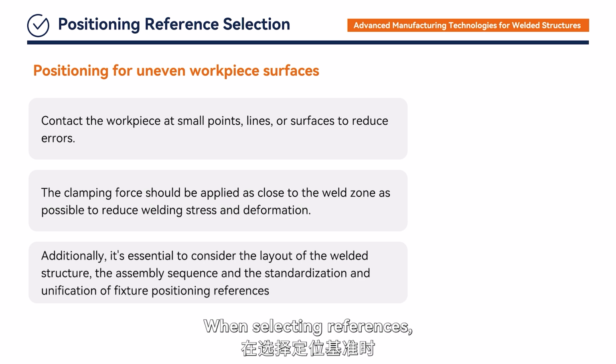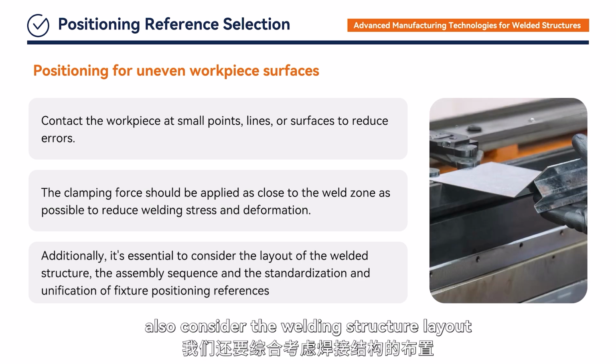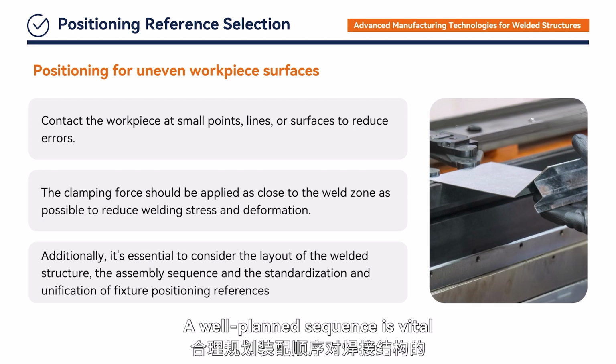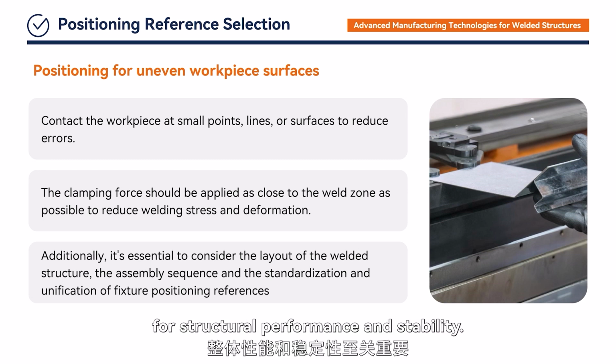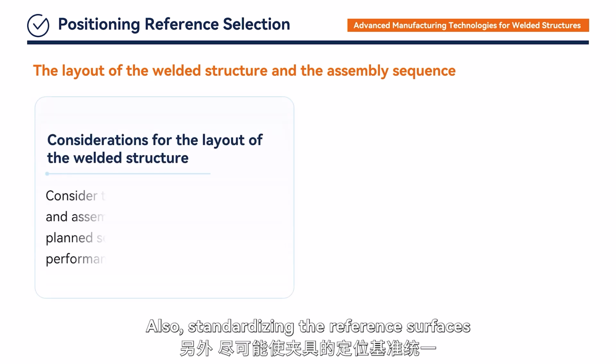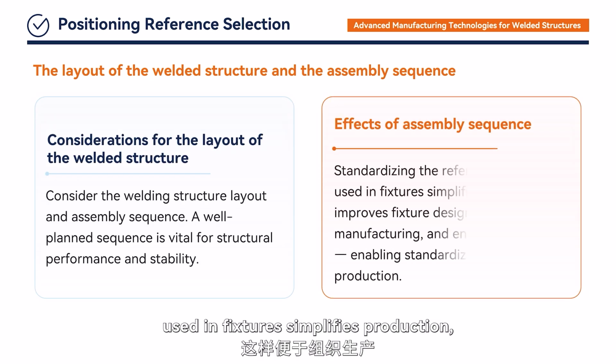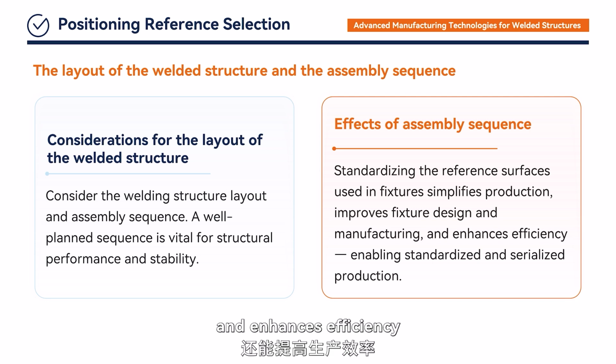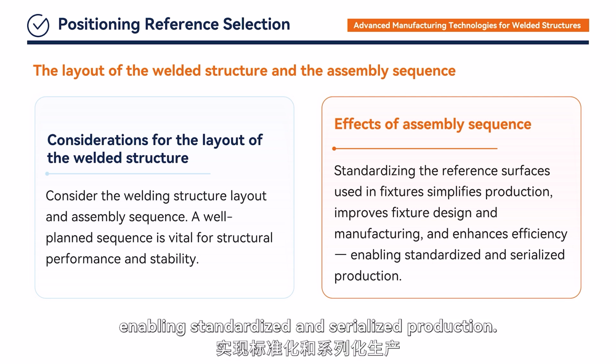When selecting references, also consider the welding structure layout and assembly sequence. A well-planned sequence is vital for structural performance and stability. Also, standardizing the reference surfaces used in fixtures simplifies production, improves fixture design and manufacturing, and enhances efficiency, enabling standardized and serialized production.